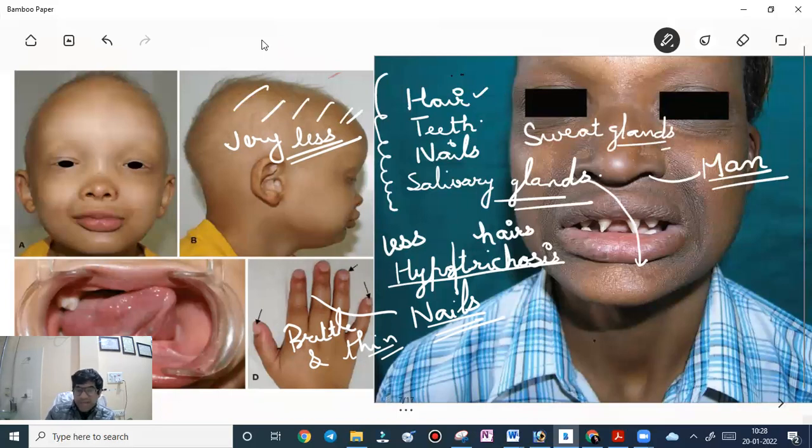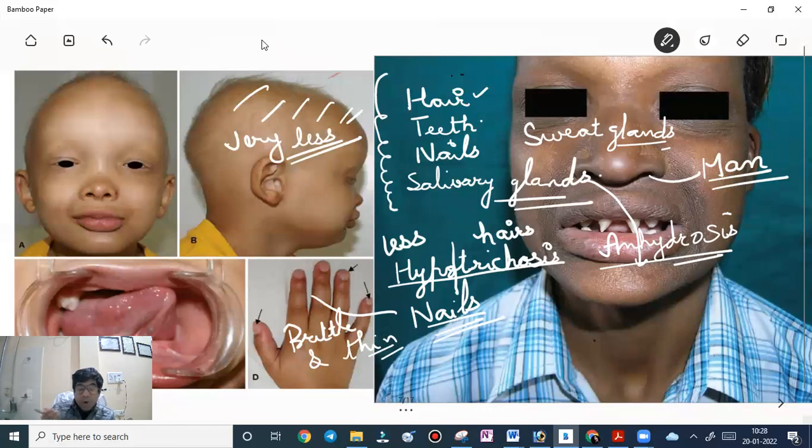If they are absent, the term we use is anhydrosis. Let us think more. What will happen if you don't sweat? Imagine if you don't sweat, your body cannot cool by itself.